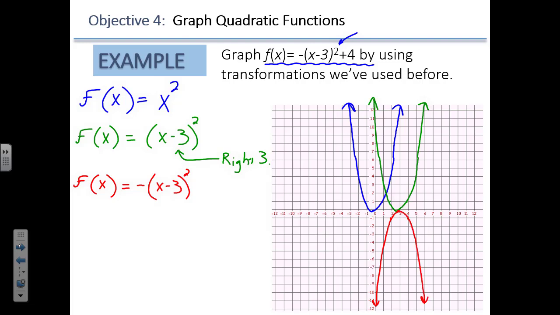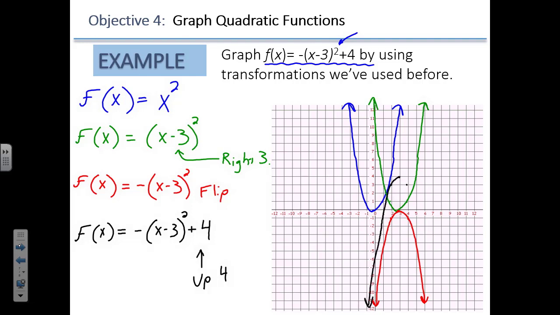And our last transformation would be to take that base function, f(x) = -(x - 3) squared, and add that 4 to the end. And of course, hopefully you remember that that moves us up 4 units. So if we take this parabola and move it up 4 units, it takes our parabola and moves it to right about there.